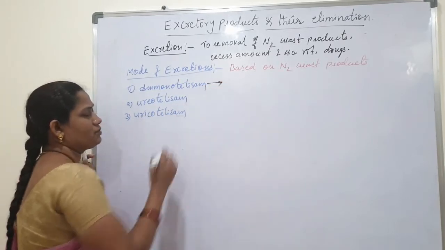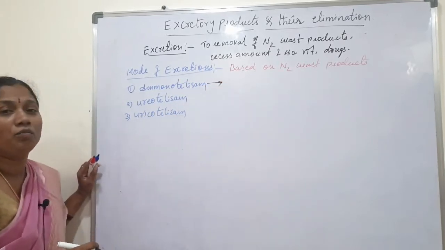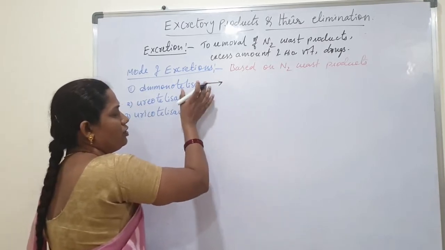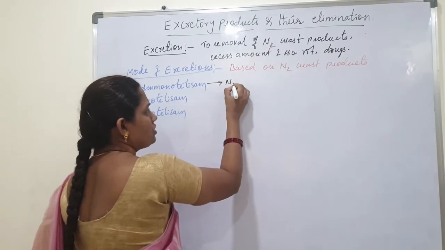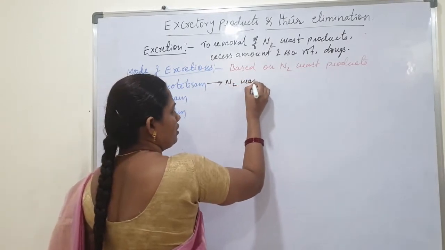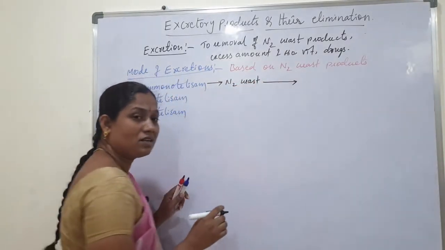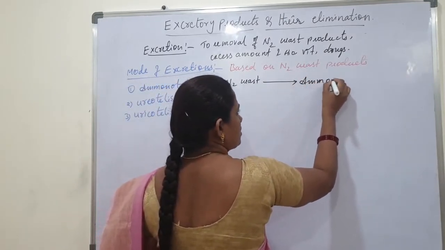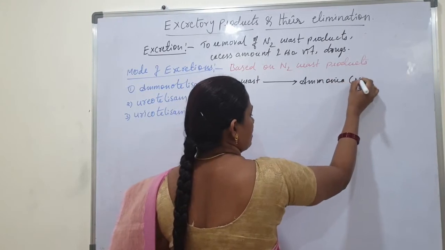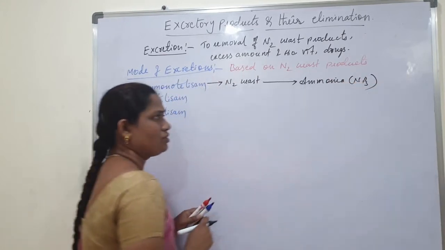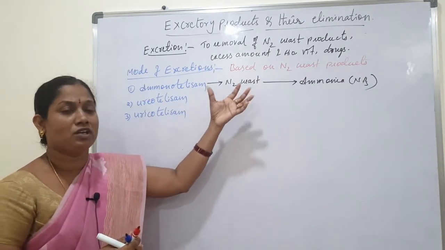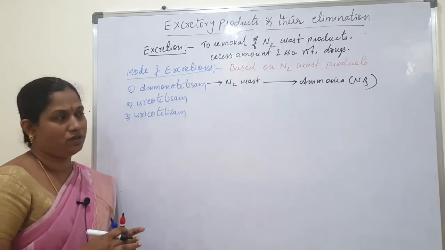First of all, we will discuss ammonotelism. Ammonotelism means the nitrogenous waste product is released in the form of ammonia, that is NH3. That process is called ammonotelism.